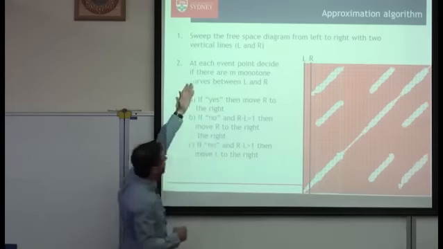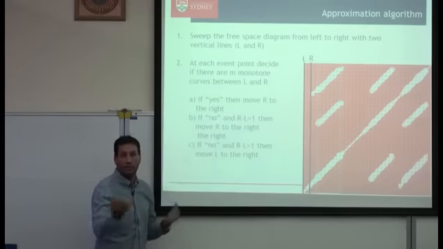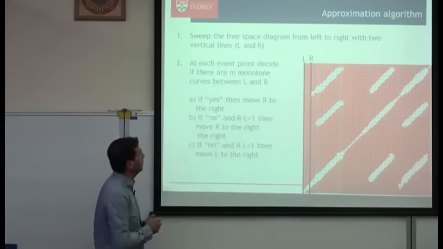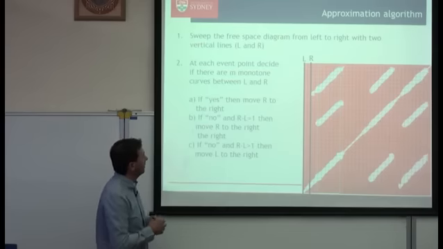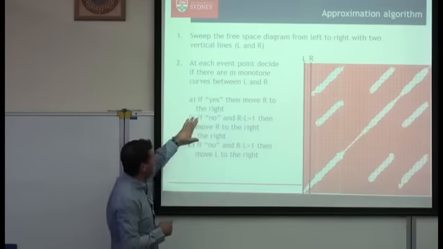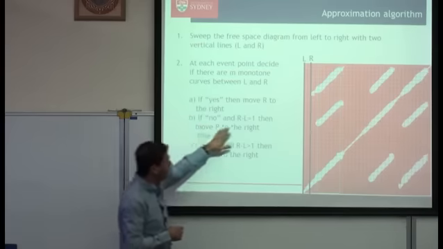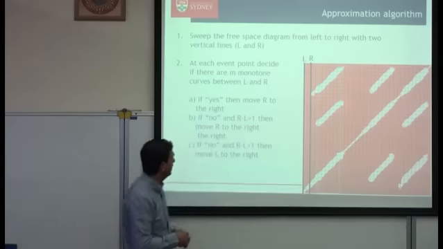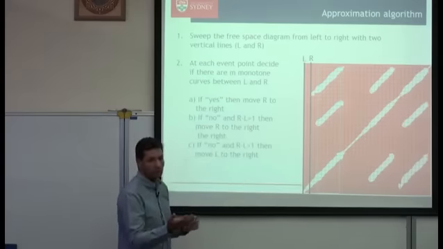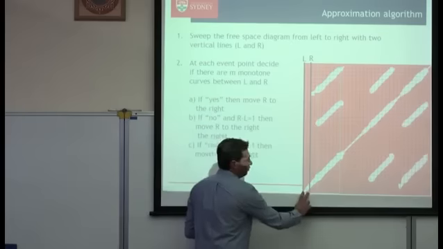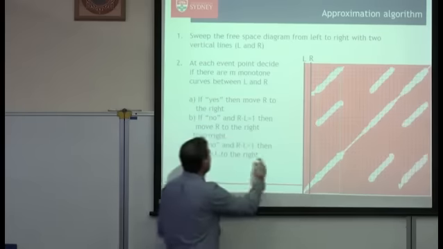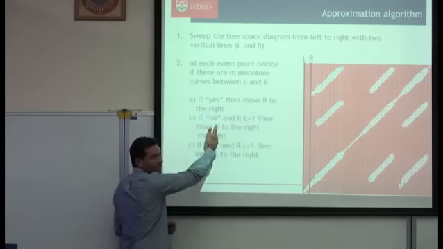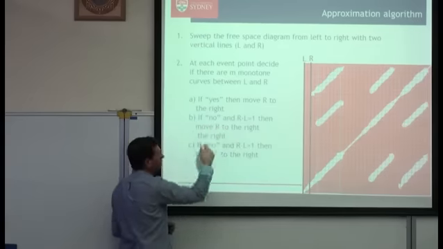And then again, I'll just check, do I have m xy monotone paths? Okay. If I don't have m xy monotone paths, and the distance between R and L is 1, then I move R 1 step to the right. But actually what I will do is I will move both of them 1 step to the right, because in the next event I won't have m again, so I will go to this.